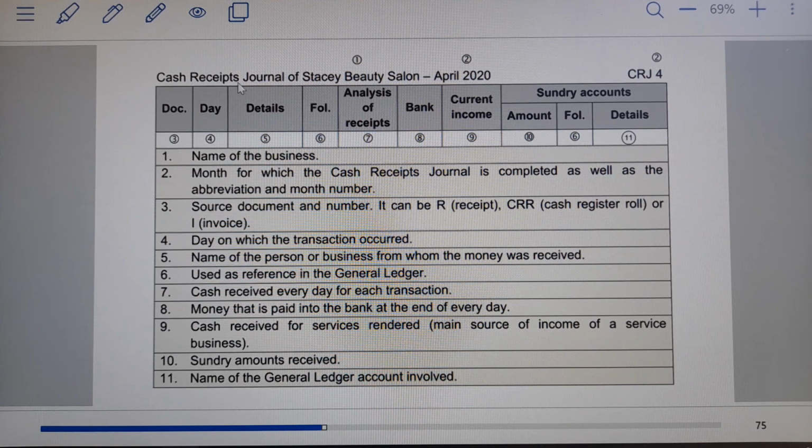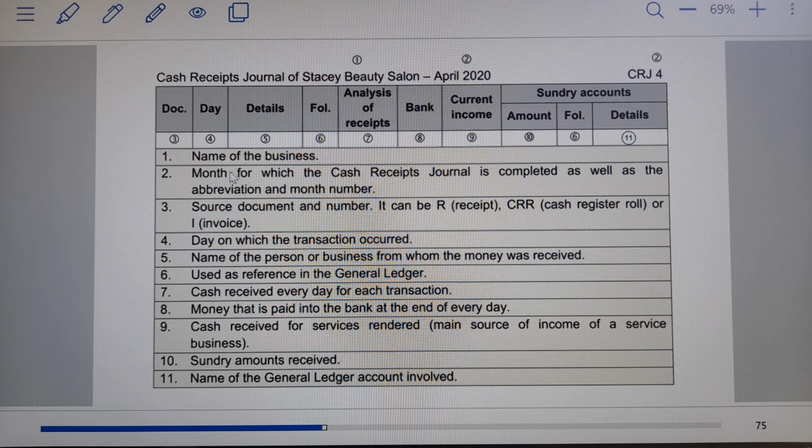So we have the cash receipt journal of Stacy Beauty Salon, and this is for April 2020, and we write CRJ4 because it's for month number 4, April. The important part is the gray part. All that is at the bottom is just explanation. Number 1, at the top of the CRJ you will have the name of the business.